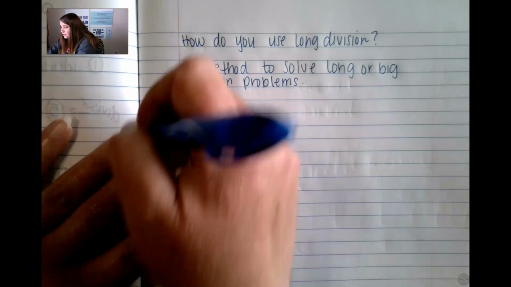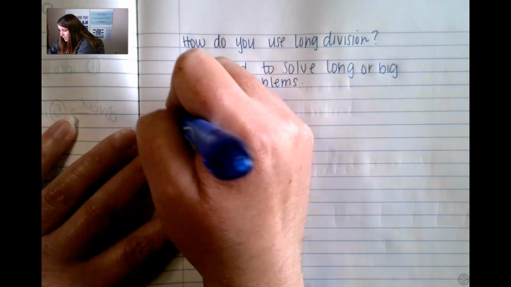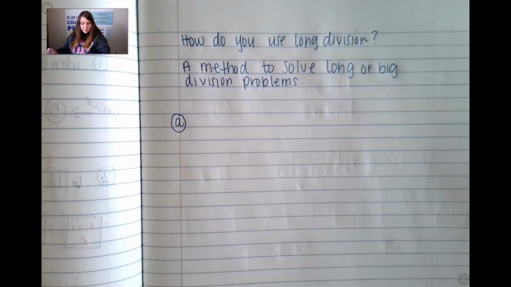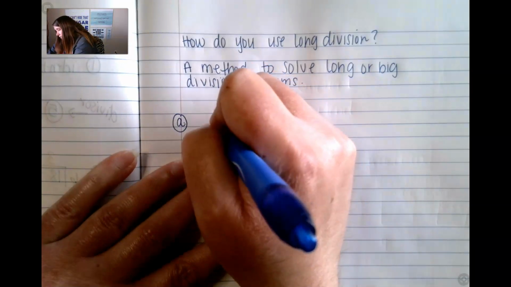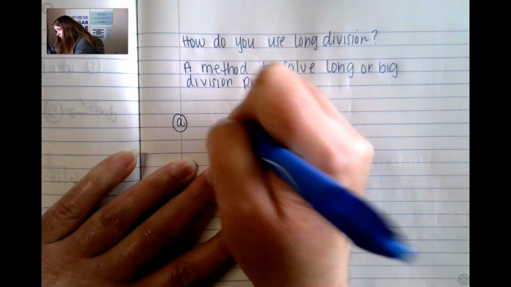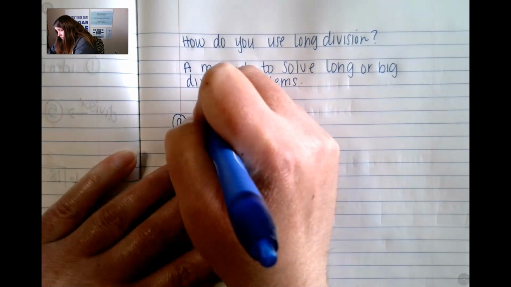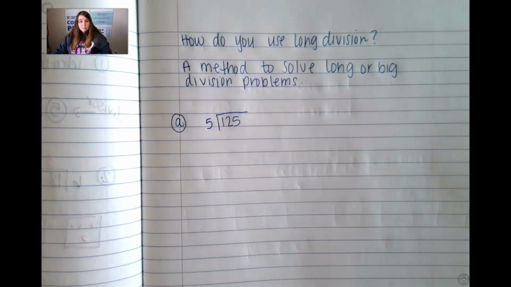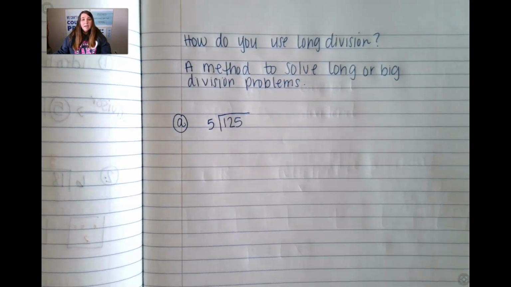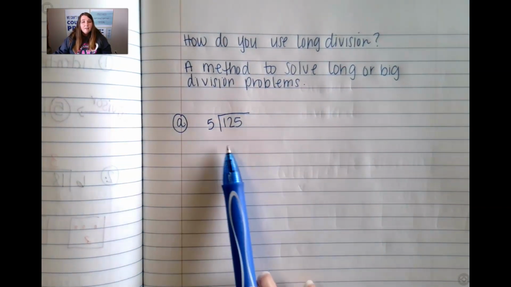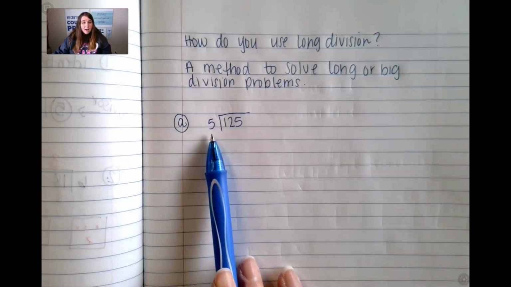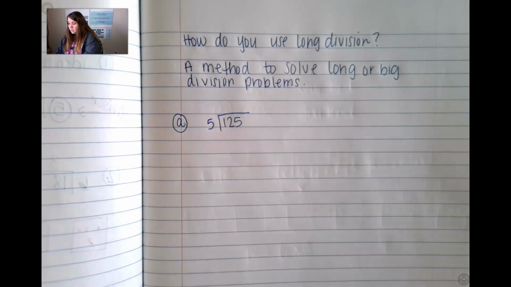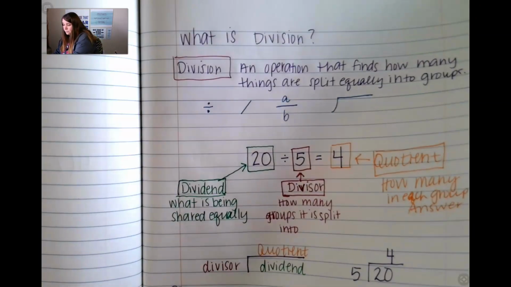So let's do an example. Let's say that I have 125 divided by 5. This is telling me that I have 125 divided into 5 equal parts, just like yesterday.